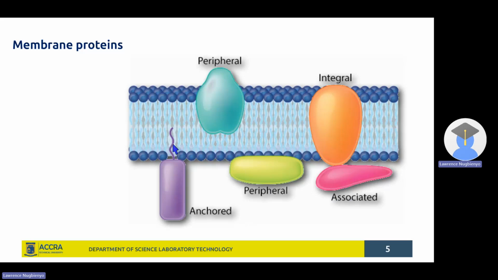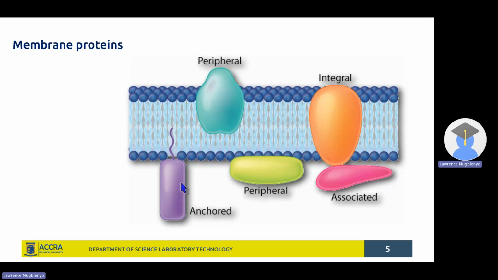Then you have the last one here, which is anchored. This is a protein which is anchored to a lipid. So you have this short lipid which is embedded within the lipid bilayer, and then attached to it is a protein.